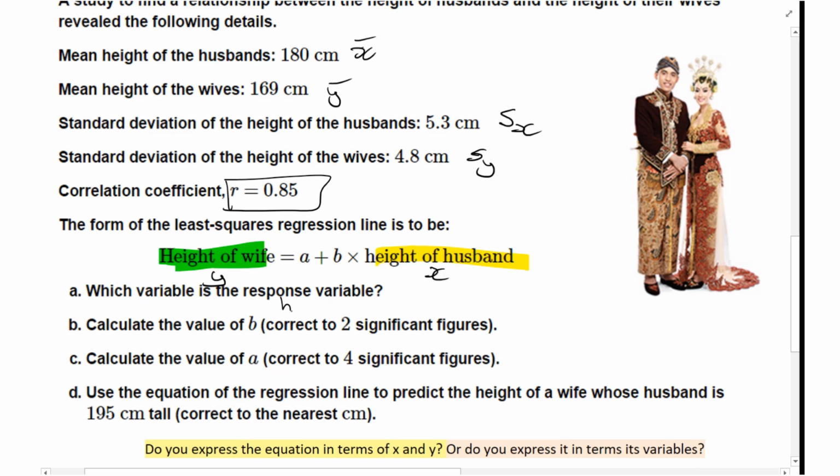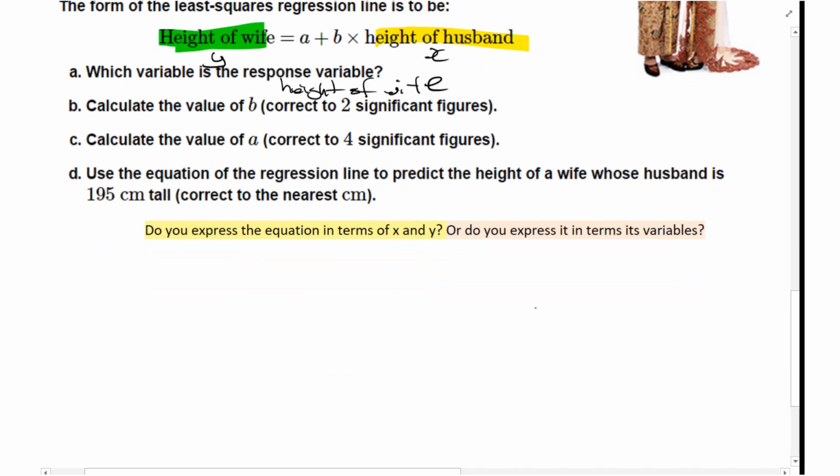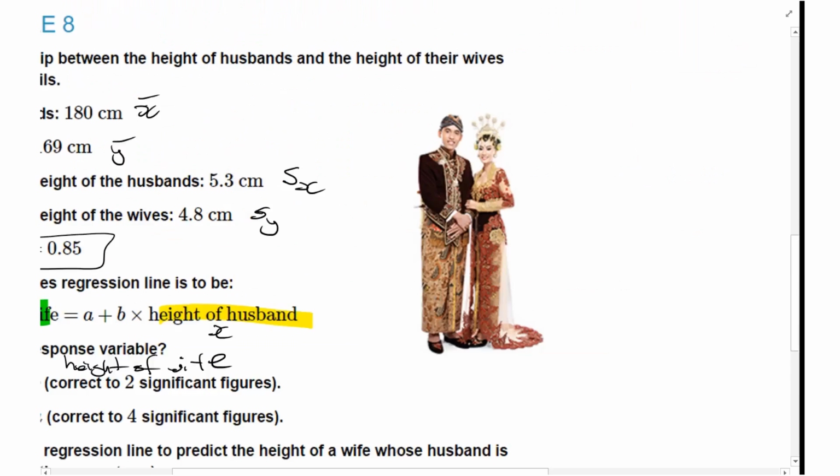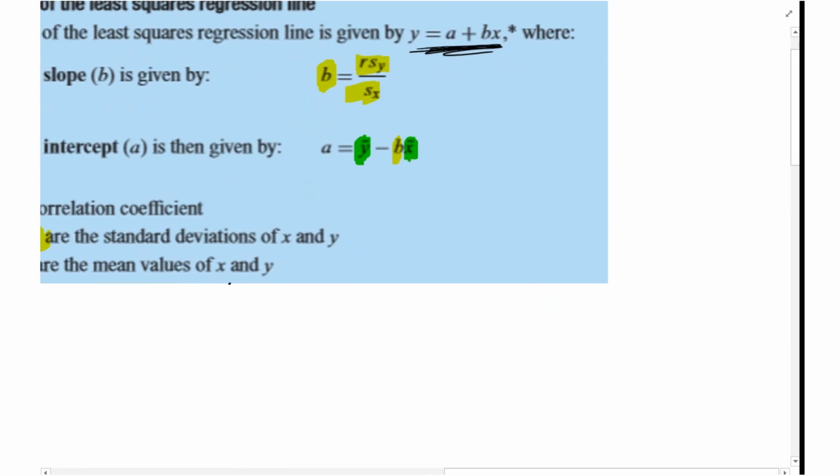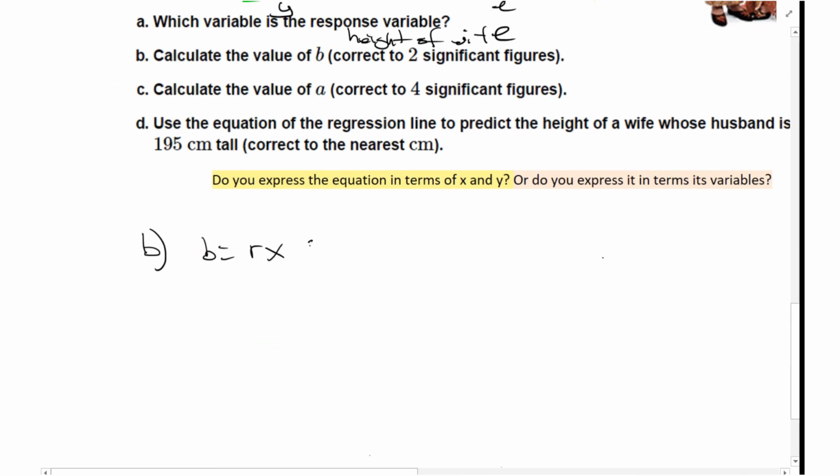Height of wife. Okay. So B is calculate the value of b correct to two significant figures. So b will be, remember, b equals r times sy over sx.